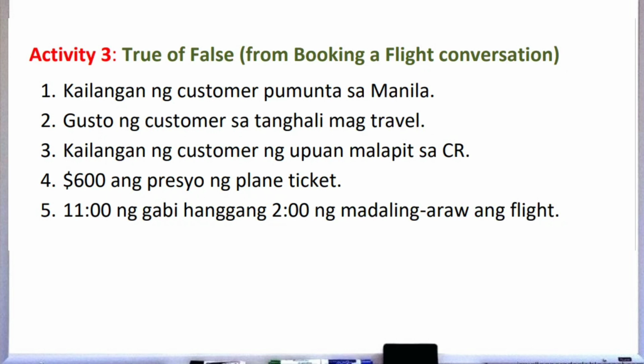So we can say alas 11 ng gabi, alas 2 ng madaling araw, or we can say 11 ng gabi, or 2 ng madaling araw ang flight. Alright, I'll give you 2 minutes because you still have to figure out the meaning of each sentence here. So 2 minutes would be enough time for you to analyze if the sentence is true or if it is false. Your timer starts now.